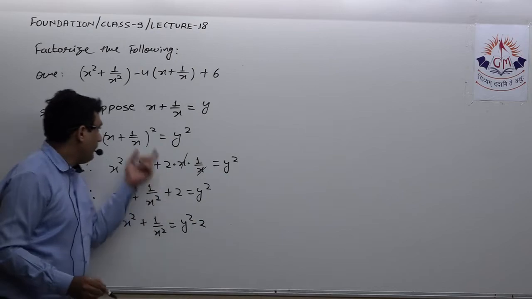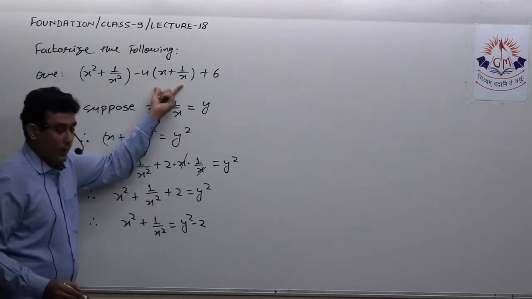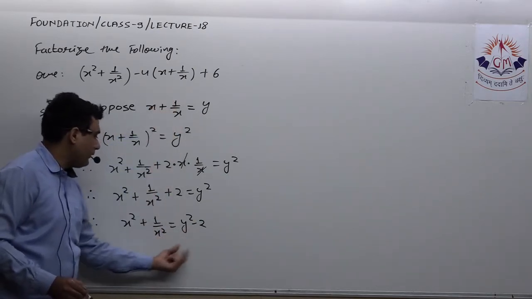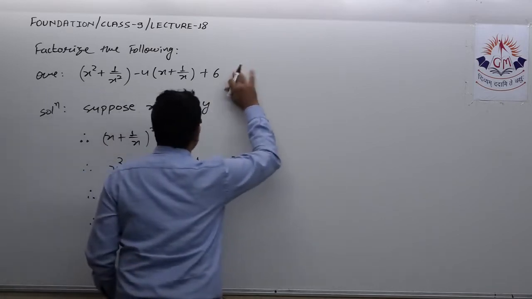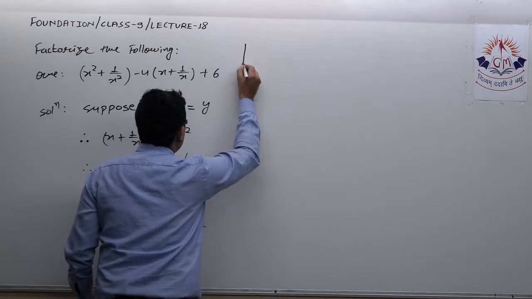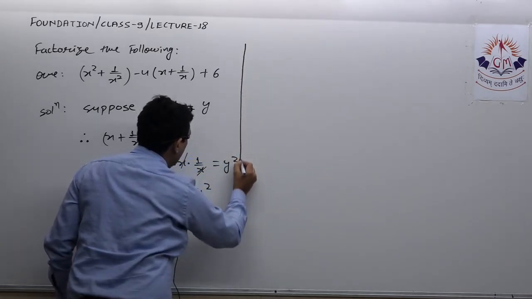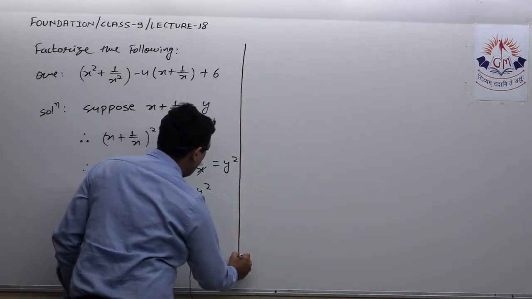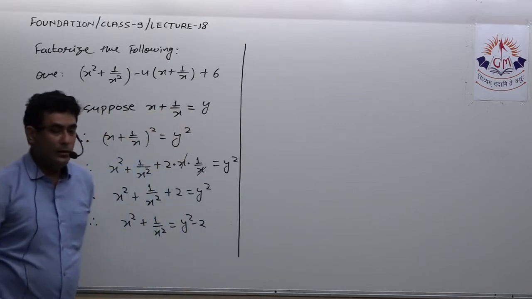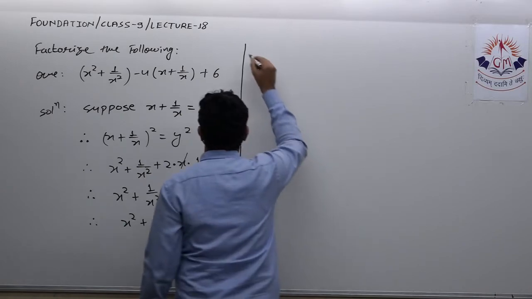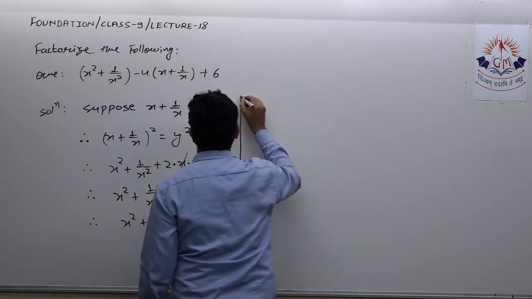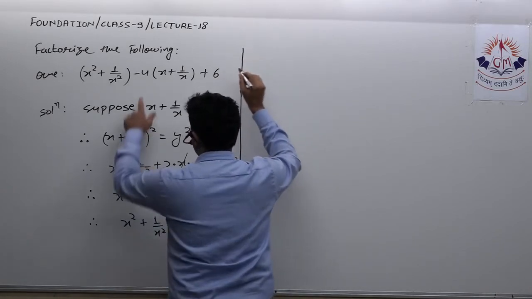Now I'll put x plus 1 upon x equal to y, and x square plus 1 upon x square is equal to y square minus 2. And then I will factorize it by splitting the middle term, because by simplifying that, this will become a quadratic polynomial.